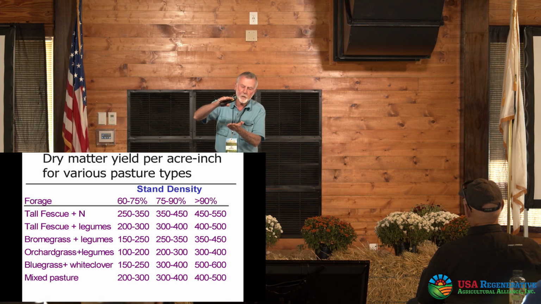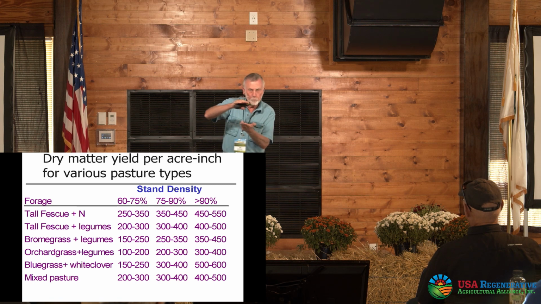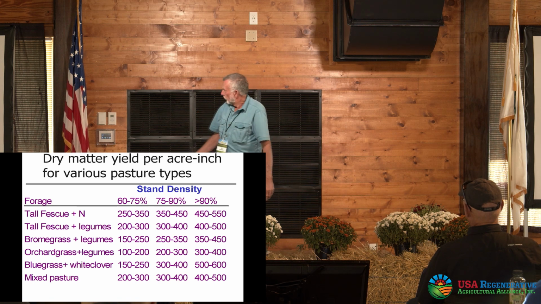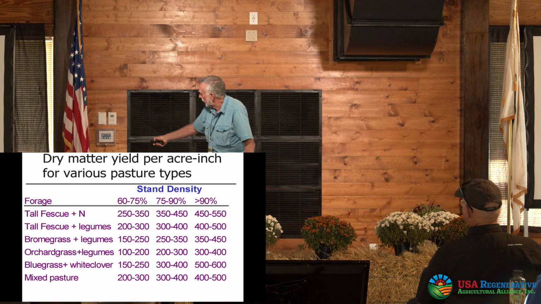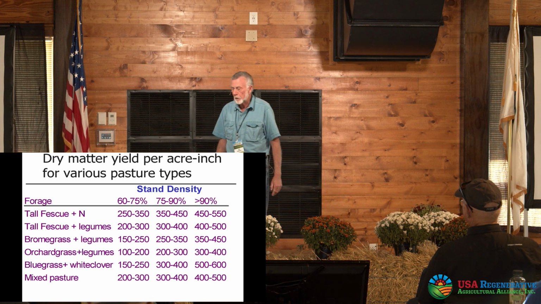So 6 inches of really thick bluegrass white clover can be somewhere between 3,000 and 3,600 pounds of dry matter per acre. You know, that's 1.75 tons. Most bluegrass isn't like that. So you see, as we reduce the stand density, the yield per acre inch goes down.